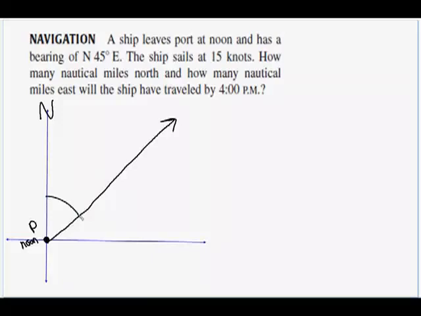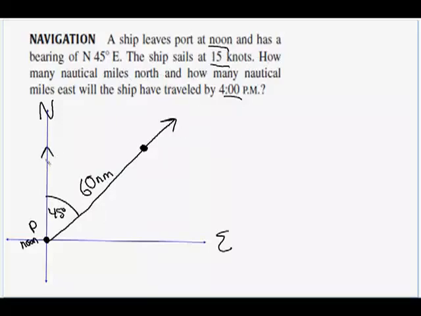So this is a 45-degree angle. And we were traveling at 15 knots, and we went from noon to 4 o'clock. So somewhere out here. This is a 4-hour trip. 4 times 15 is 60. And we want to know how many miles north and how many miles east did we travel.